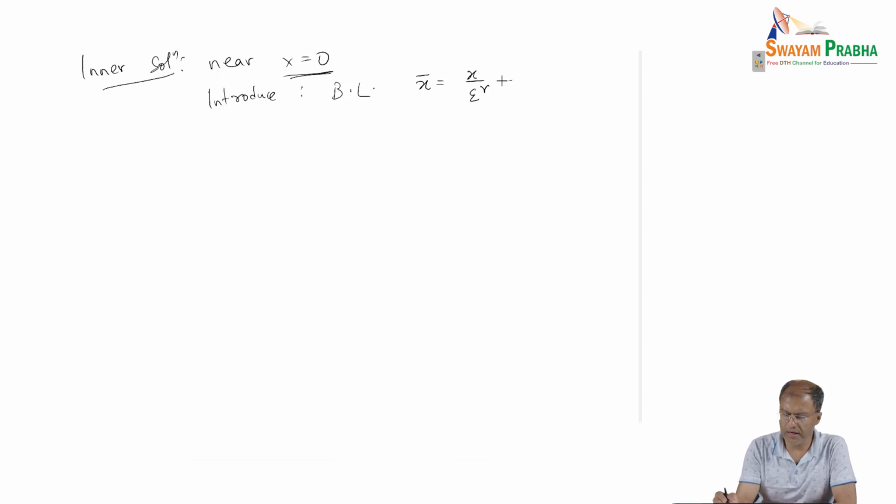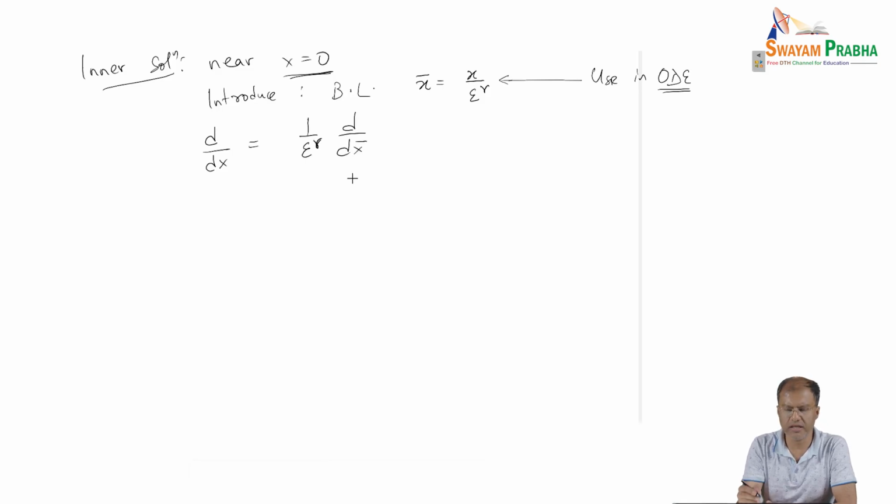Now if we plug it into our boundary layer problem, note that the derivative d/dx comes out to be 1 over epsilon to the power gamma times d/dx bar.